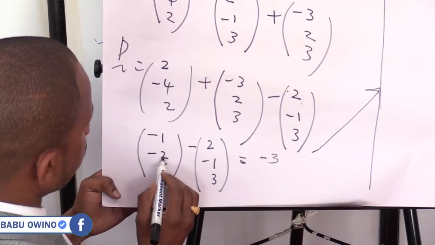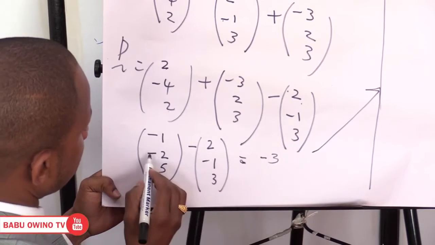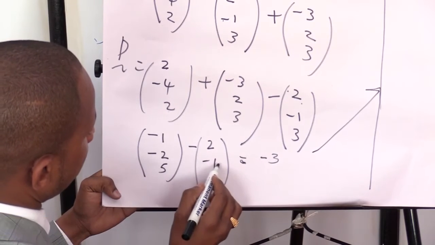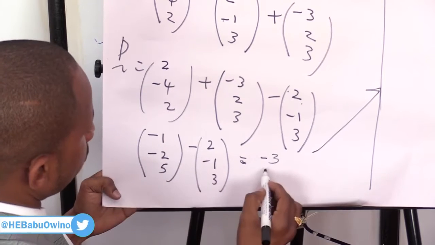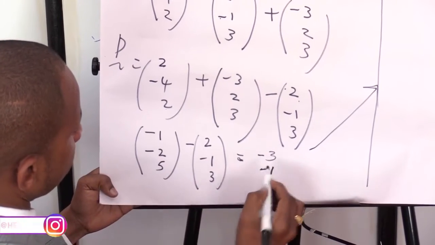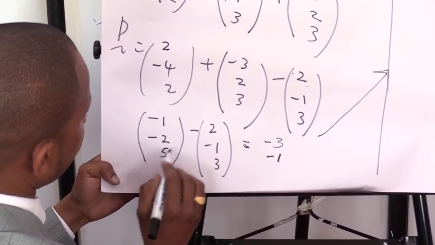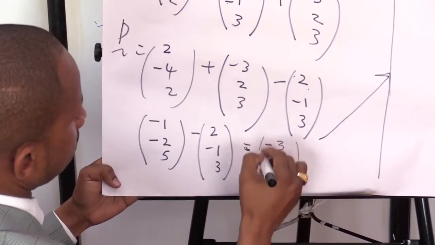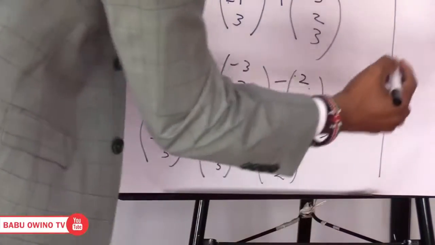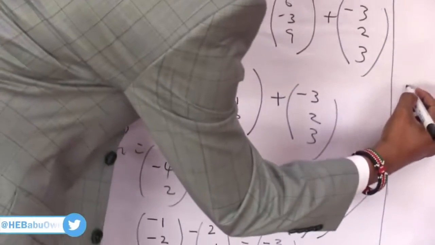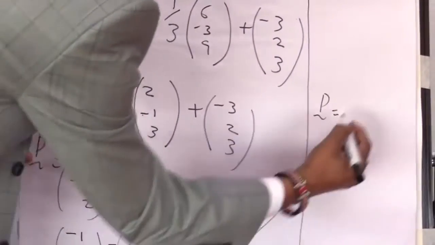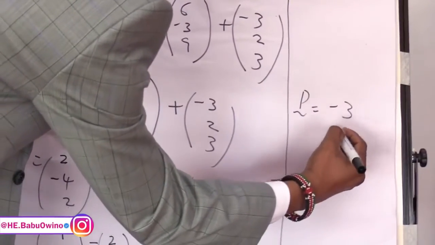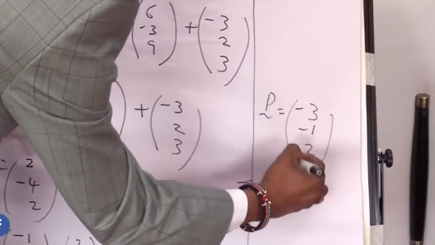Then -2 minus -1 is the same as -2 plus 1, which is 1 minus 2, gives you -1. Then 5 minus 3 is 2. So our value of P in column vector form is (-3, -1, 2).